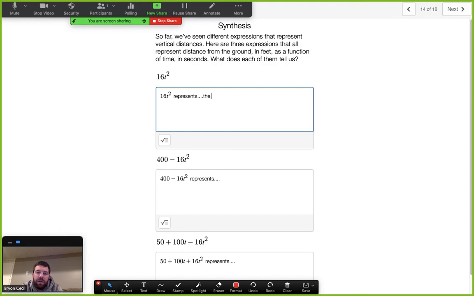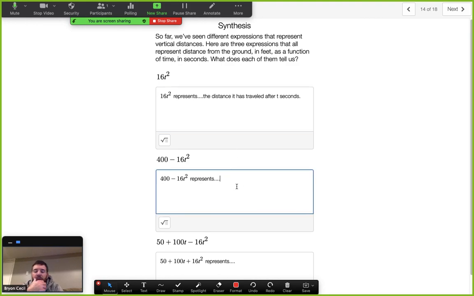This represents the distance it has traveled after t seconds. And the 400 minus 16t squared, we knew that was the height of the object after t seconds when it was dropped from 400 feet.